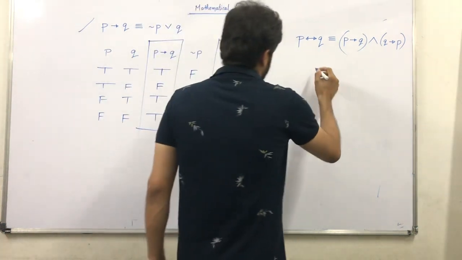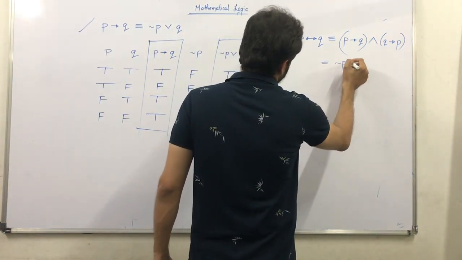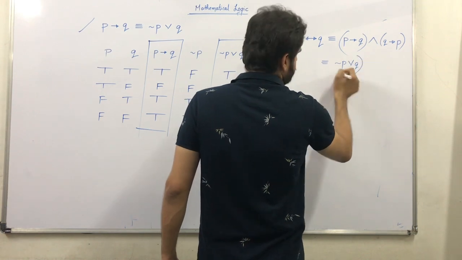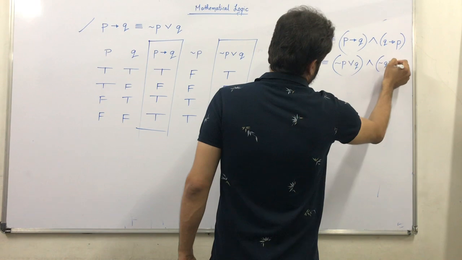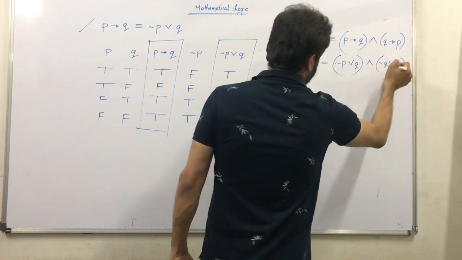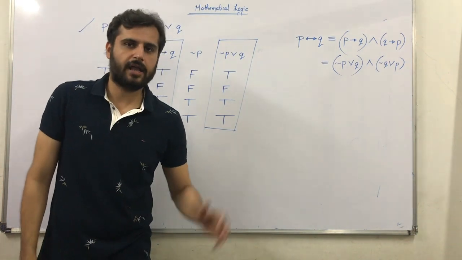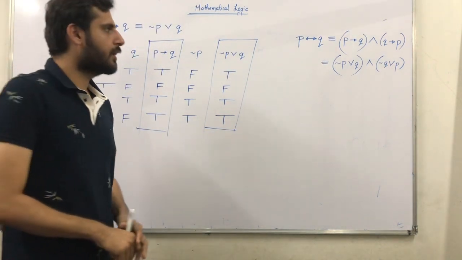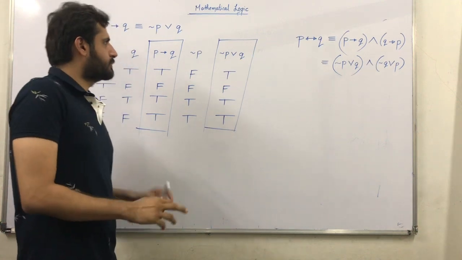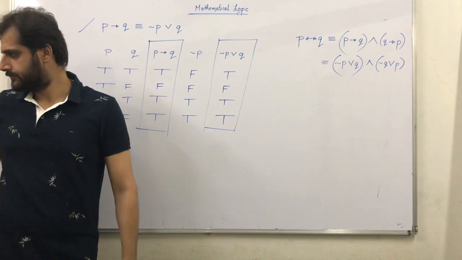Okay. Now this further can be written as negation P or Q and negation Q or P. Negation P or Q and negation Q or P. So this is what we have proved using truth table.